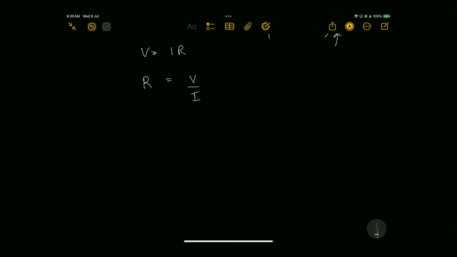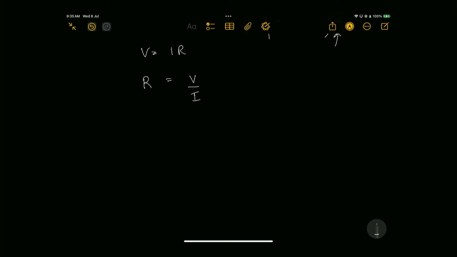Right? So this is what resistance is. Resistance is basically what opposes current flowing through the circuit, which is equal to the ratio of the voltage across the conductor to the current flowing through it.